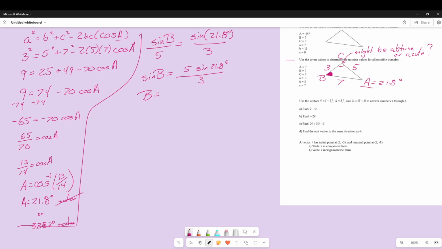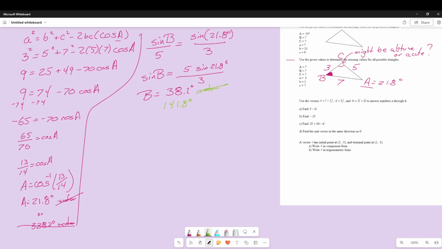So sine inverse of 5 times the sine of 21.8 divided by 3, 38.2. Okay, so 38.2 degrees. And of course, everything coterminal, but we ignore those.